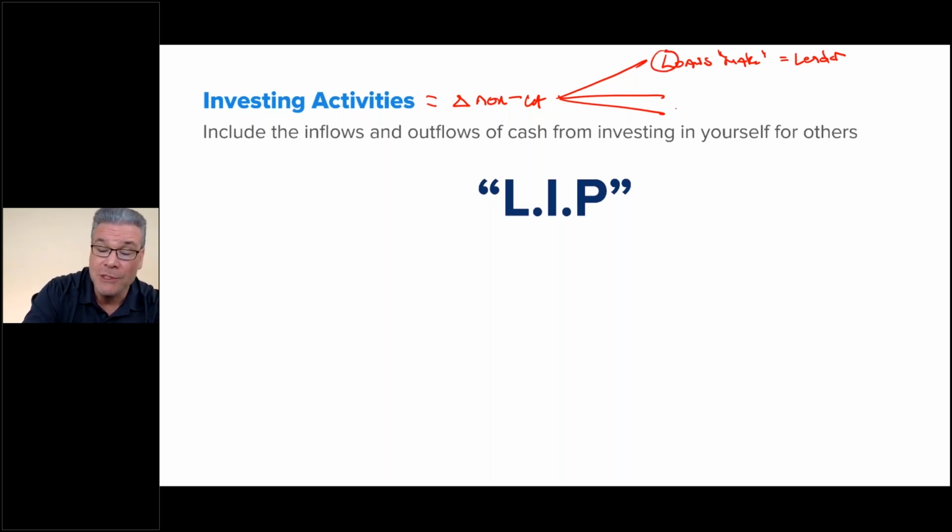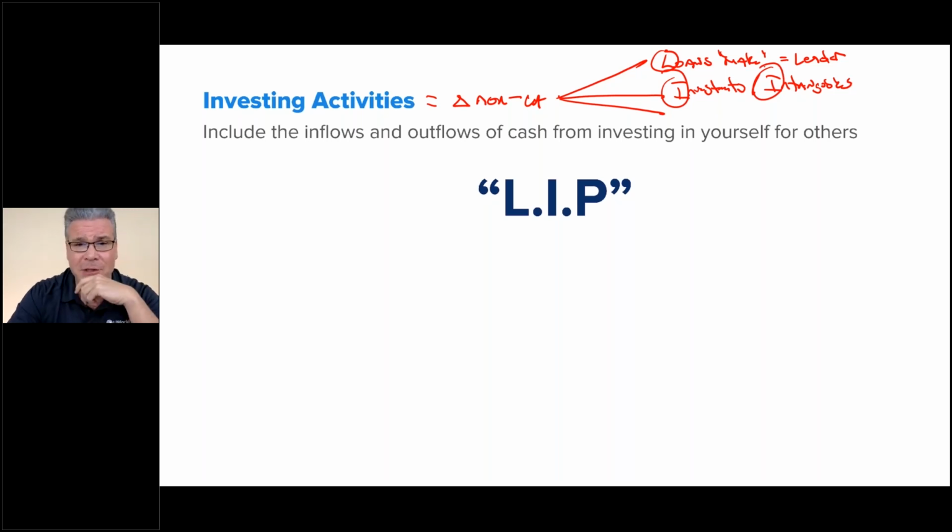So loans, the I is going to stand for 2 things, investments or intangibles, whether you're on the buy side or the sell side. Look for long-term investments and intangibles. That's an investing activity. And then change in your PP&E. All righty, those are going to be our change in non-current assets.